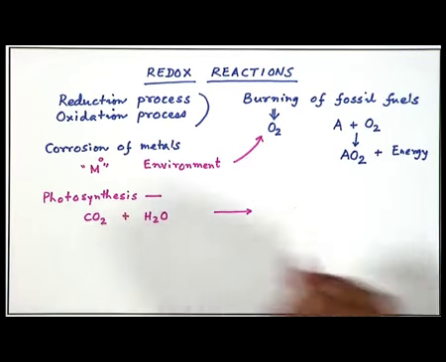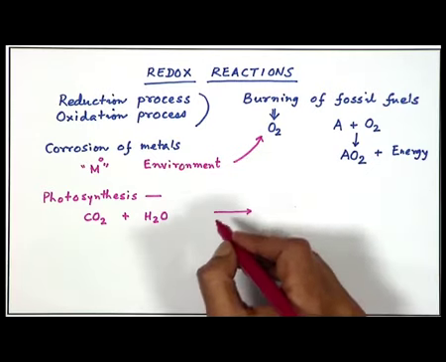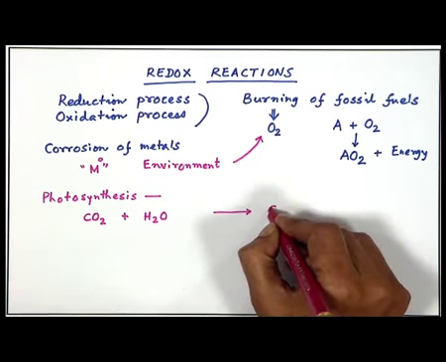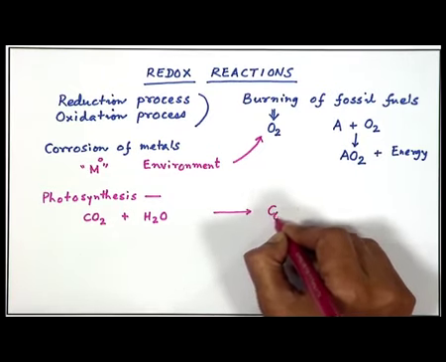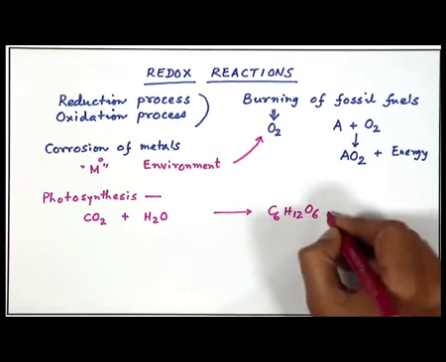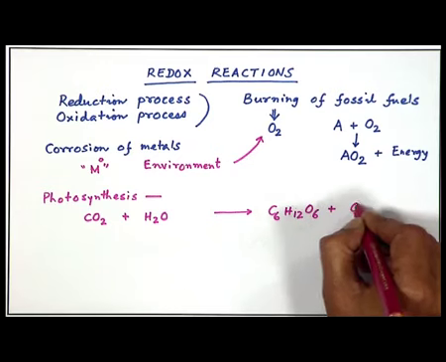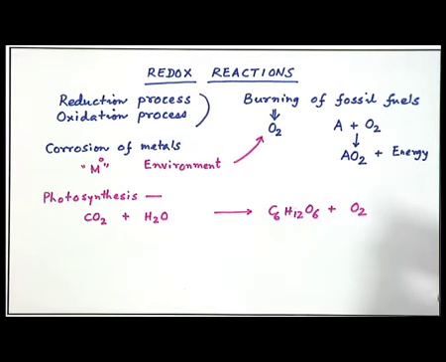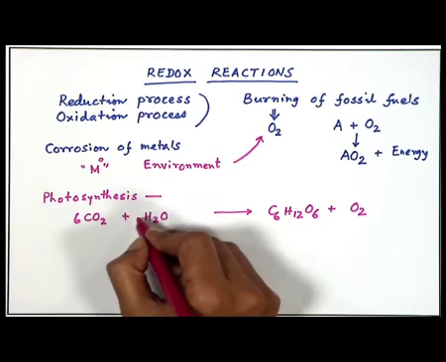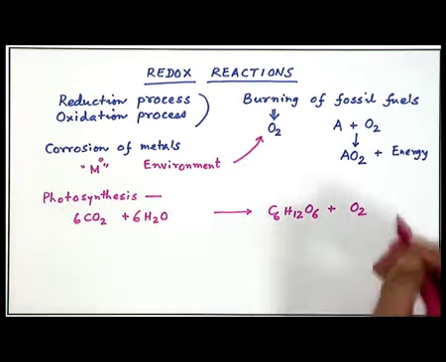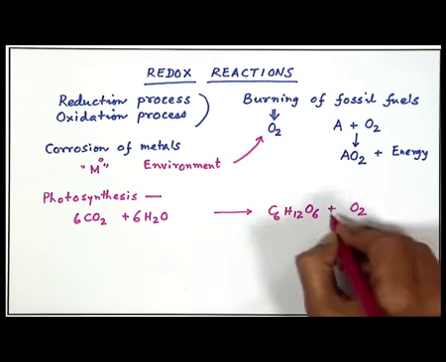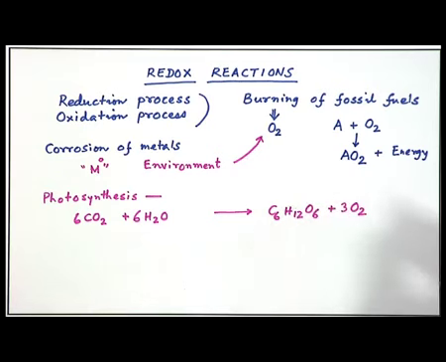I will come to this later, where we will see how these two species are useful for the formation of glucose, C6H12O6, with the elimination of molecular oxygen. If we balance it, 6 molecules of CO2 and 6 molecules of water give rise to C6H12O6 plus 6 O2.